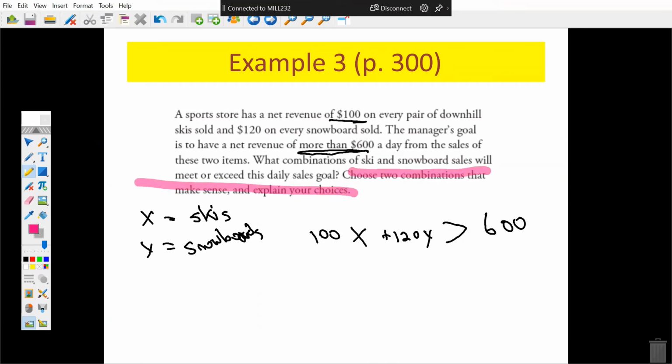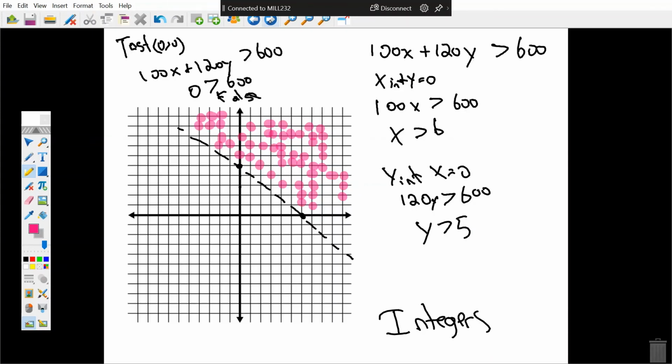Remember, he's looking for the amount of skis and snowboards he could sell and make more than $600 a day. So we go back here. Remember, X was our skis and Y was our snowboards.